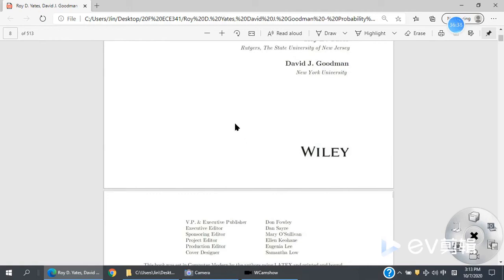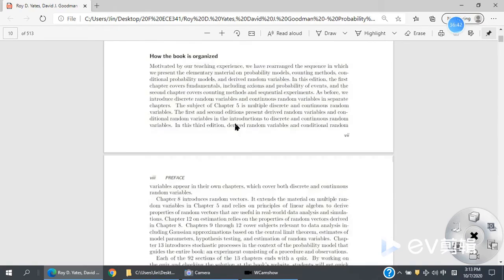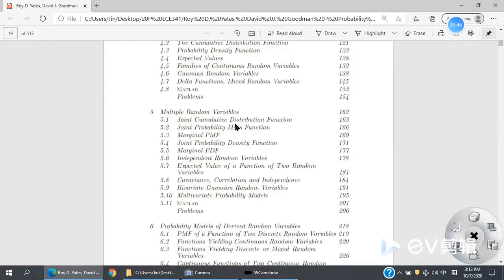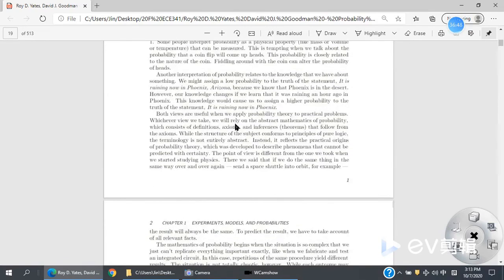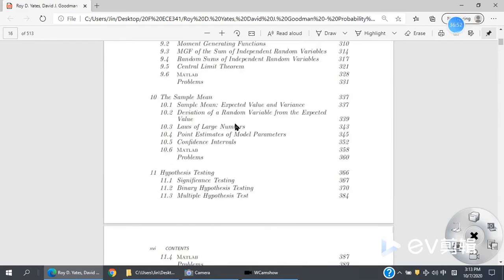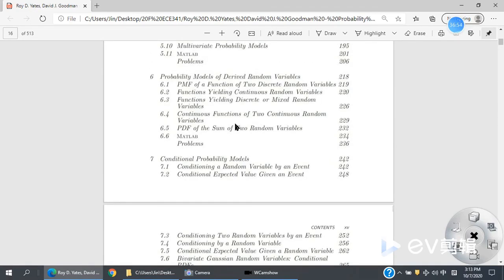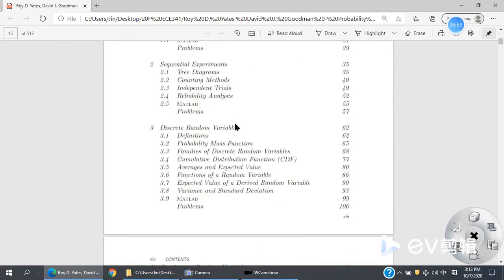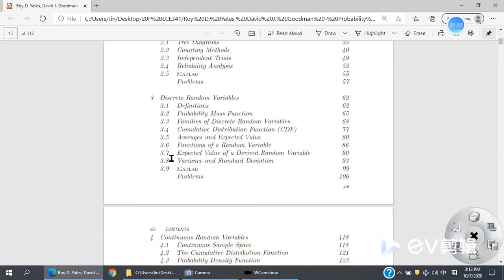Oh, my computer. Okay, chapter 3 has families of discrete random variables.